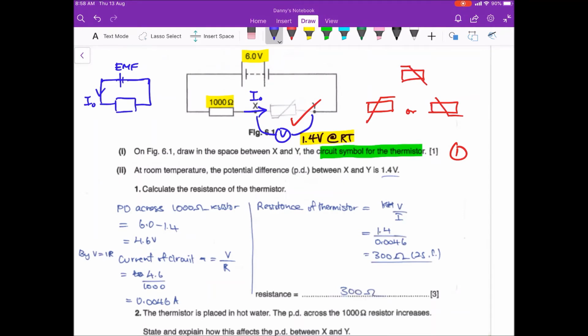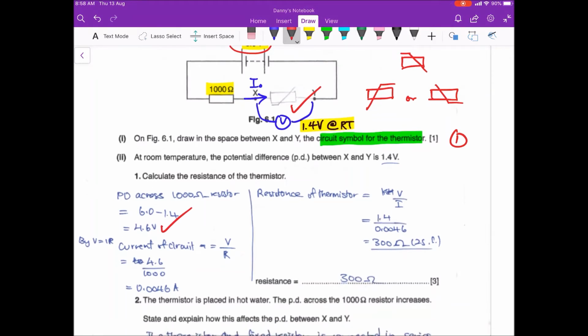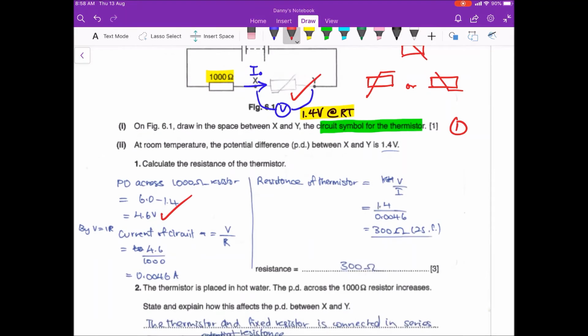Okay, so let's see what this student does. Let's see, PD across the 1000 ohm resistor. Oh, okay, 6, which is the EMF, and since down here I use 1.4, I would know the PD at the 1000 ohm. So okay, by V equals IR, current for the circuit.